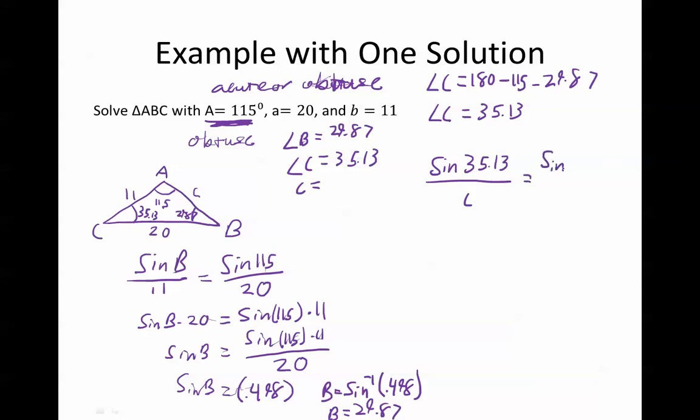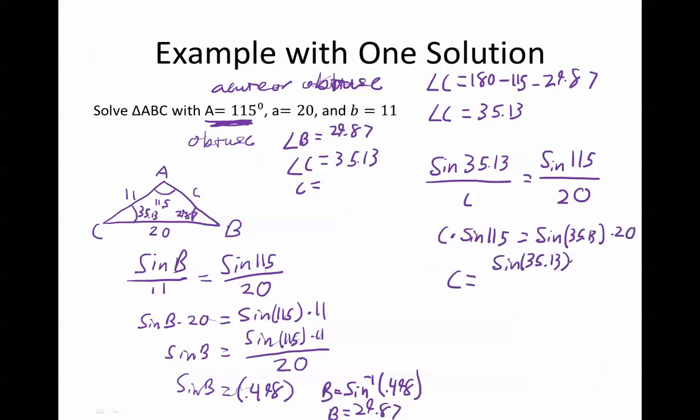So this is sine of 115 over 20. And we'll cross multiply and solve just like we did before. So this is C times sine 115 equals sine of 35.13 times 20. So therefore C equals sine of 35.13 times 20 all over sine of 115.